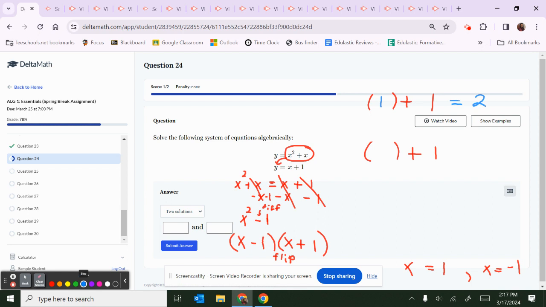Then plug in negative 1. There's no number in front of the parentheses, nor is there an exponent, so this negative 1 stays the same. What's negative 1 plus 1? 0. So when I plugged in positive 1, I got 2 for the y that goes with it. When I plugged in negative 1, I got 0 for the y that goes with it.